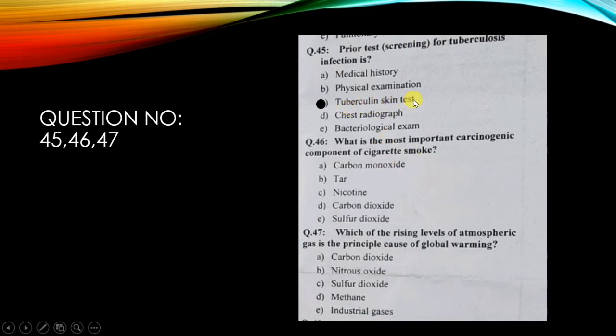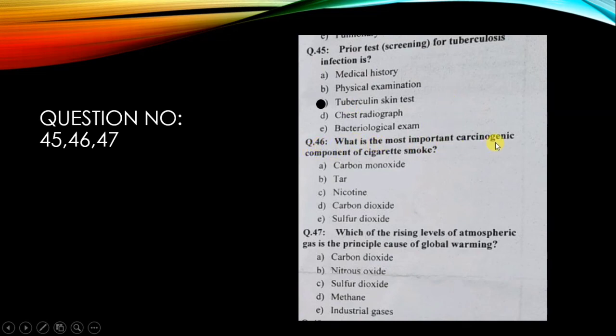This test is done by injecting a peptide sequence of Mycobacterium tuberculosis into the dermis of the skin of patients who are exposed or who are at risk. If there is swelling and hypersensitivity of the dermis of the skin after 2 to 3 days, the test is positive.